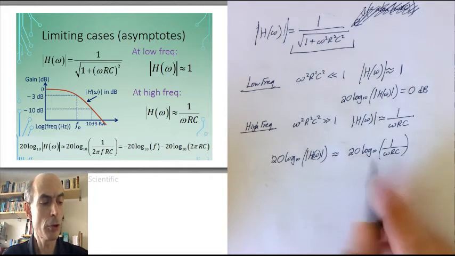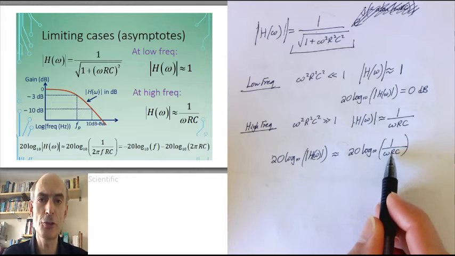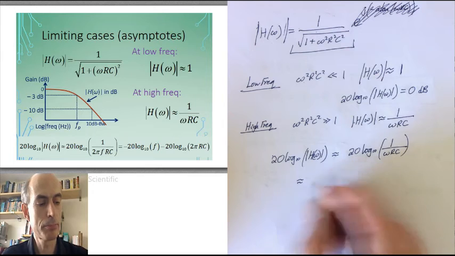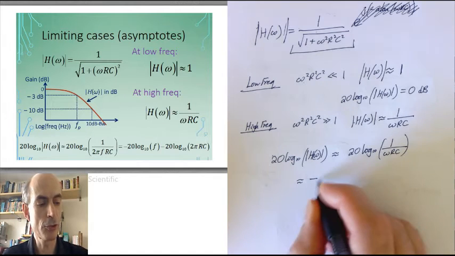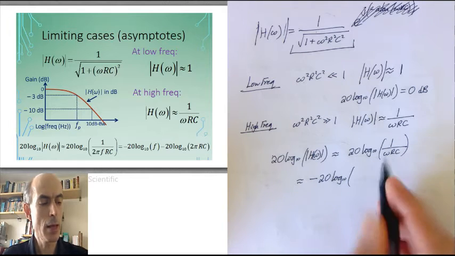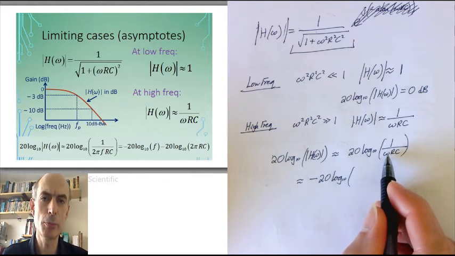Right, well, the log of 1 over x is just equal to minus the log of x. So that is approximately equal to minus 20 log 10 of, and I'm going to write the omega in terms of 2 pi times f now.